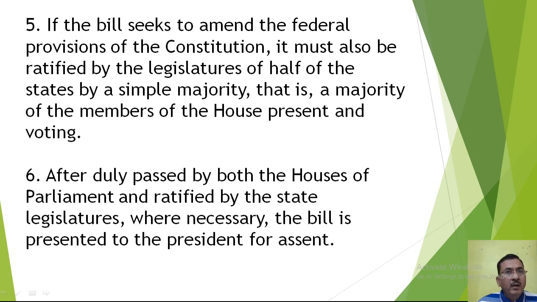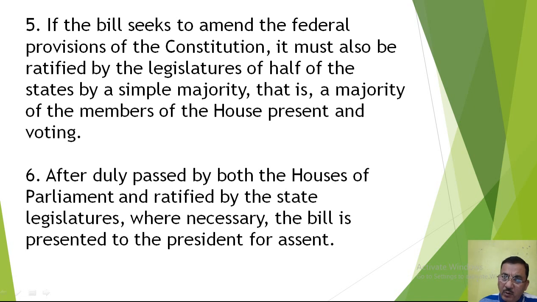Now, if the bill seeks to amend the federal provisions, now we say India is a federal country. Why do we call it federal? The federal structure of the country is borrowed from the Canadian Constitution, federal structure with a strong center.